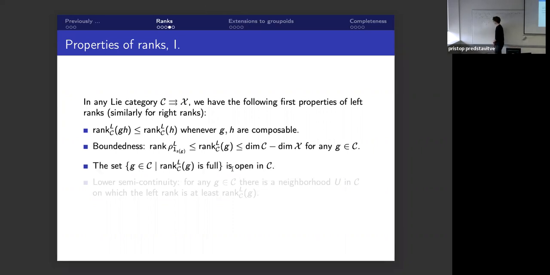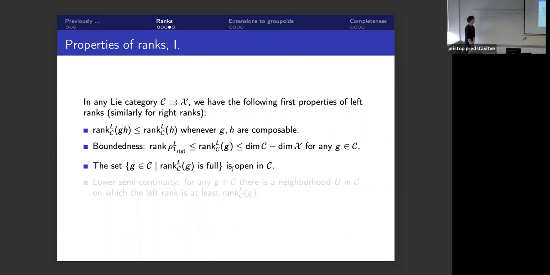Okay, so the next one is reminiscent of the fact from linear algebra that the set of all invertible matrices is open, right? It says that the set of all full ranked arrows is open in the morphism space.